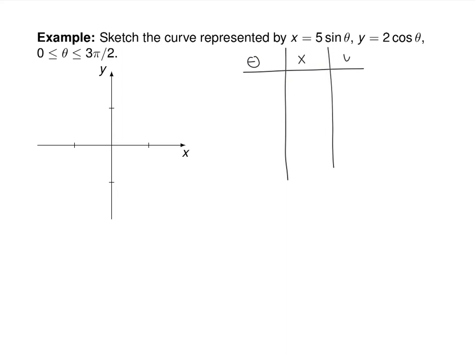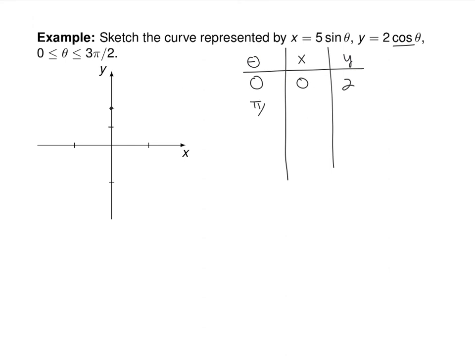X and y. All right, so when theta is 0, sine of theta is 0, and cosine of 0 is 1, multiplied by 2 gives us 2. So we're at the point x is 0, y is 2.